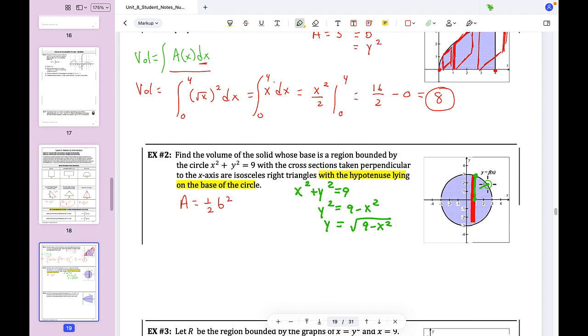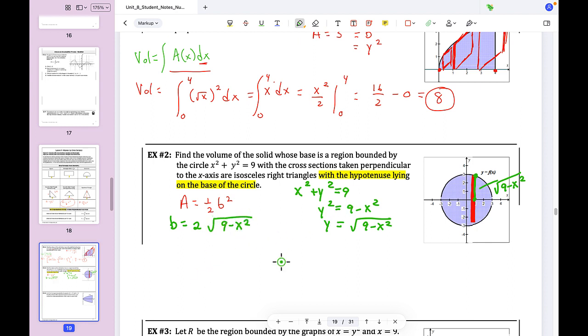So this distance here from the x-axis to the top of the circle is the square root of 9 minus x squared. So how do I find the base of it? Well, it's a circle, so it's symmetric. So the base is actually going to be 2 times the square root of 9 minus x squared.